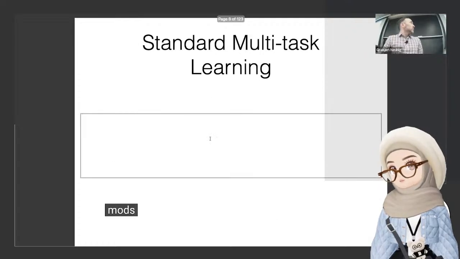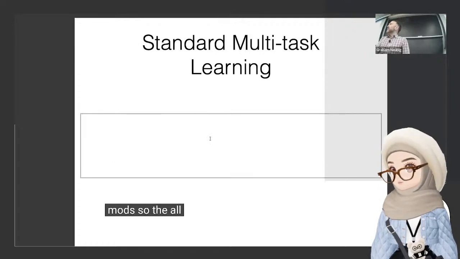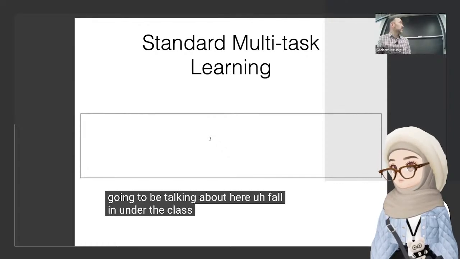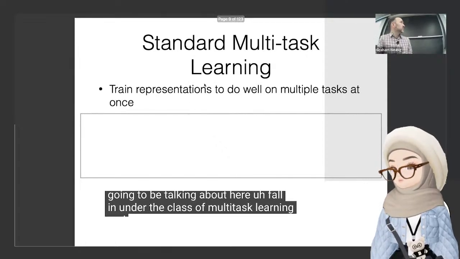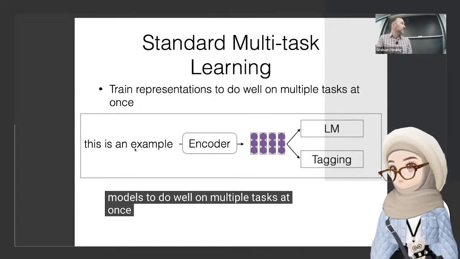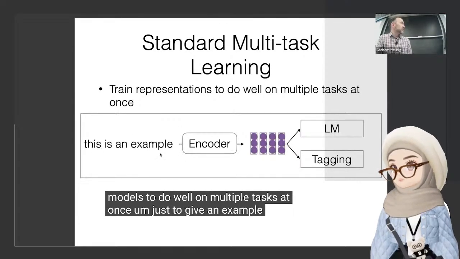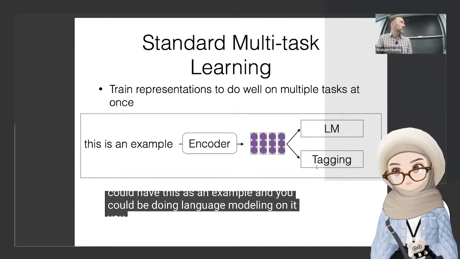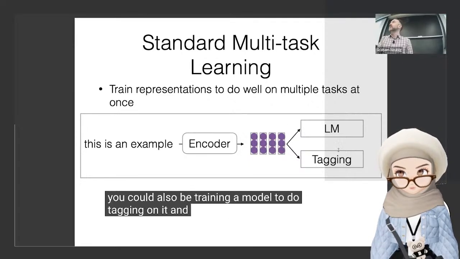All the methods that I'm going to be talking about here fall under the class of multitask learning. Multitask learning is training models to do well on multiple tasks at once. For example, you could be doing language modeling on an example, and you could also be training a model to do tagging on it and other things like this.